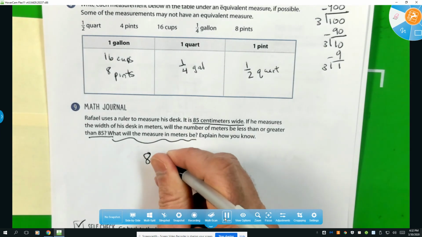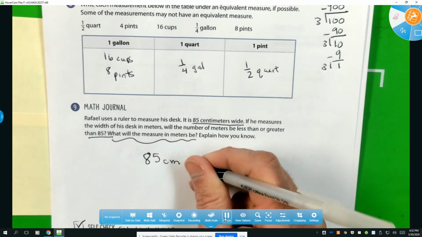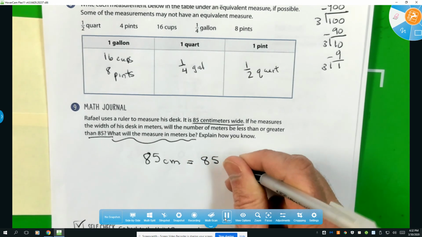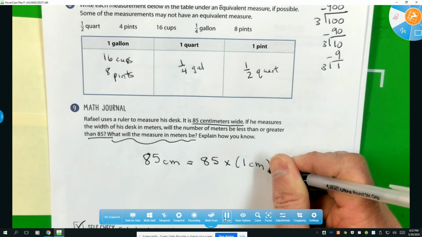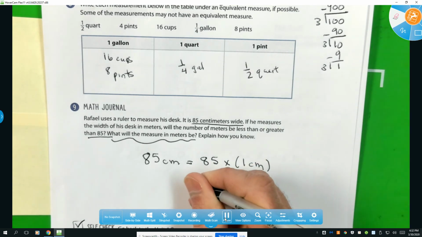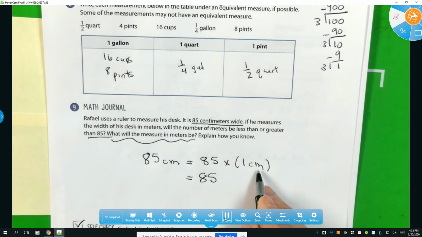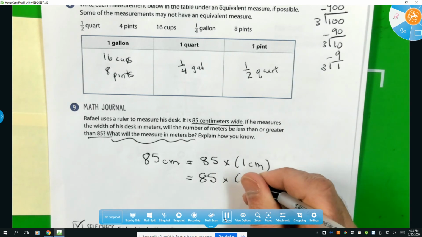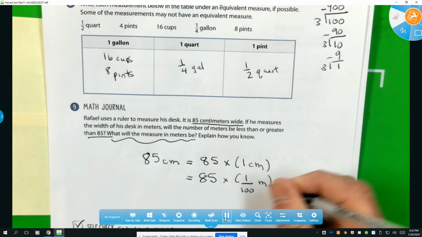All right, so let's just first start with what we do know. If he has 85 centimeters, we know that's the same as saying 85 times 1 centimeter. Now, how much is a centimeter compared to a meter? 85 times 1/100th of a meter.